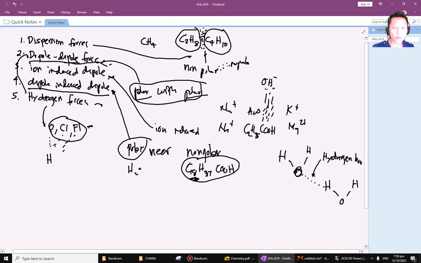For example, you have an NH2 near an H2O. So you have water, and then you have hydrogen. So not the hydrogen here, but the nitrogen in your NH2. So you have your NH2, and still you have, I think, another two unpaired.